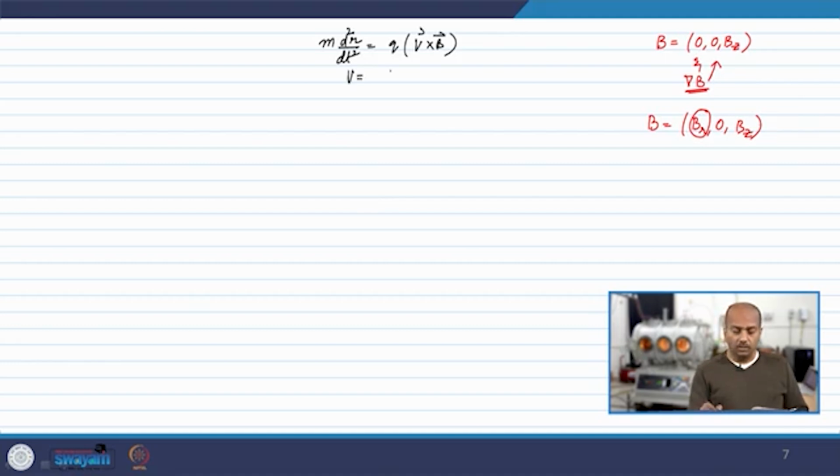So, v is (Vr, Vφ, Vz), and B is (Br, Bφ, Bz).